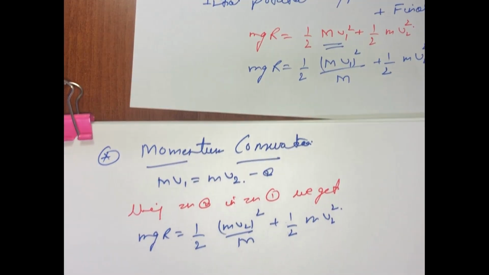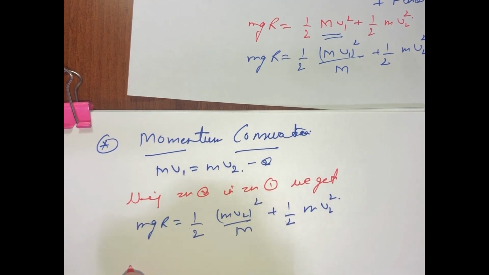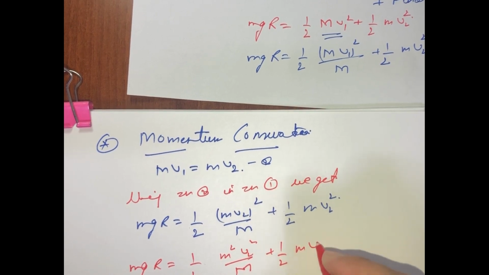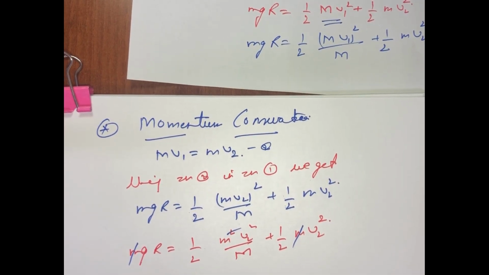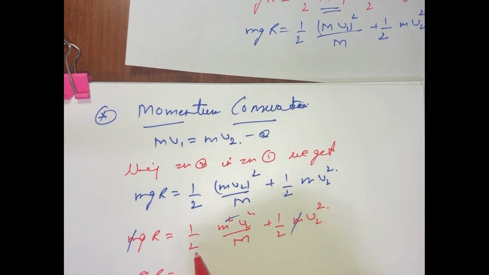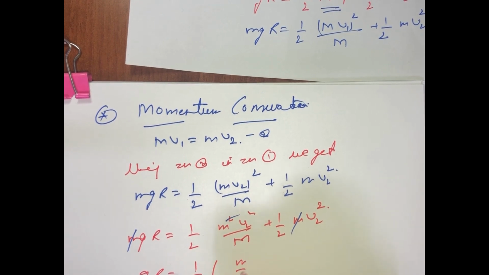And we can further solve it. We get mgr is equal to half, this will be M square v2 square divided by m, plus half M v2 square. Now this M cancels throughout, so we are left with gr is equal to, we can take half and v2 square common, this will be half, and this will be M upon m plus 1, and v2 square.